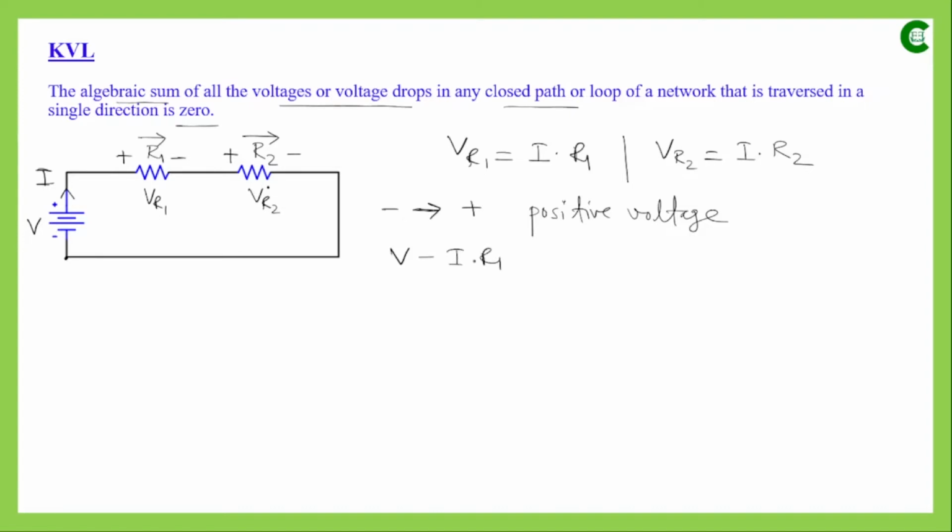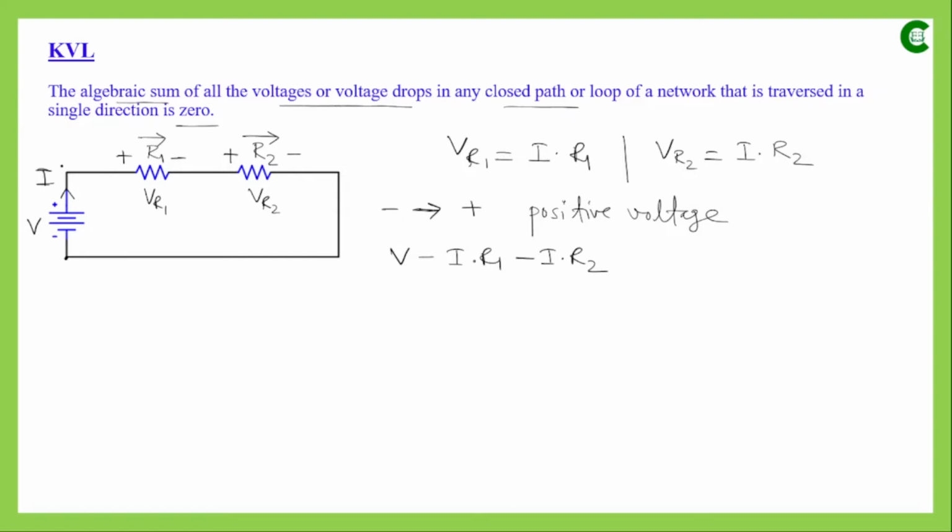Then the next voltage value is VR2, which is I multiplied by R2, and since we are again traversing from positive terminal to negative terminal, this time also the voltage value will be taken as negative. So it will be minus I R2, and as per the law, the algebraic sum of all the voltages or voltage drops will be equal to 0, in a closed path or loop of a network, traversed in a single direction.